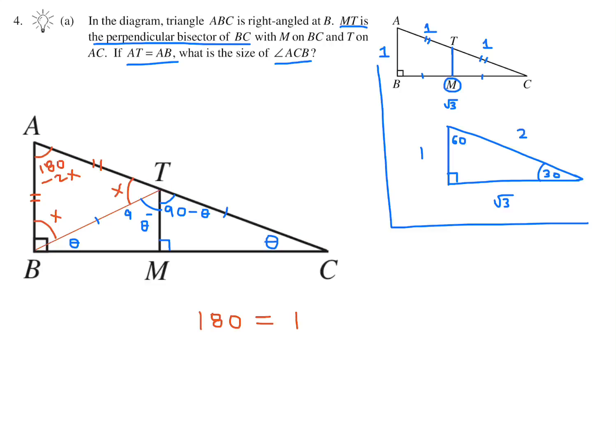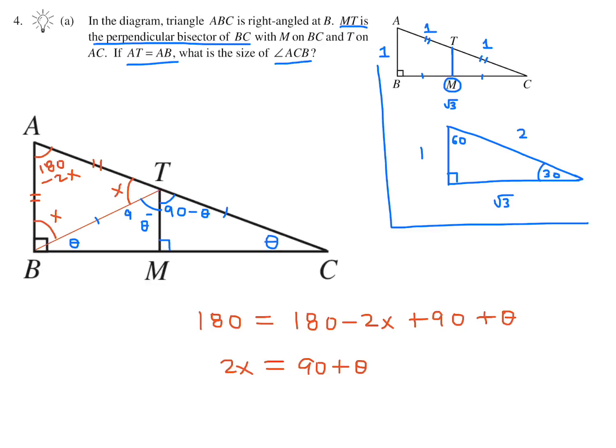And therefore, 180 minus 2x, this one right here, plus this angle, which we already know is 90, it tells you that it's a right angle, plus this angle, theta. And the 180s cancel, so 2x equals 90 plus theta.